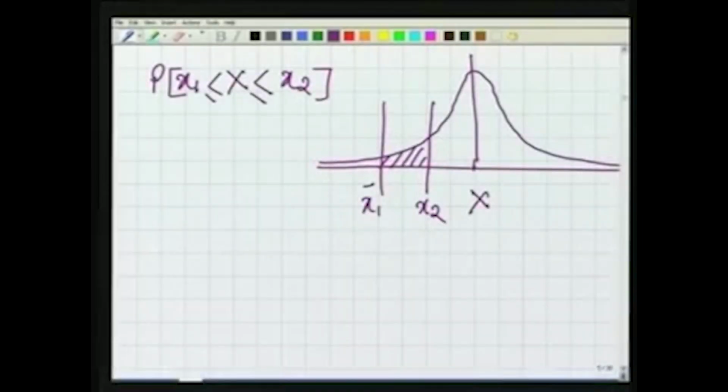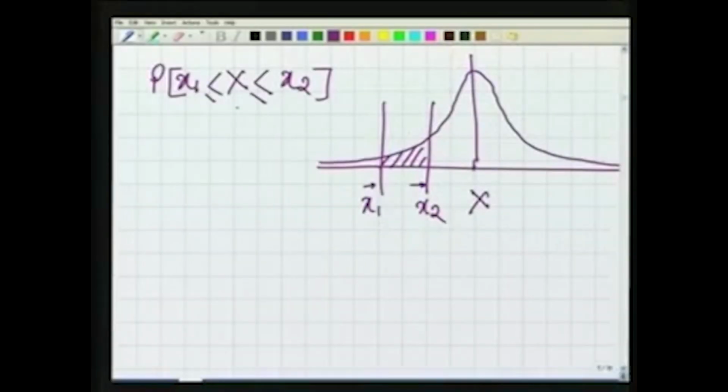So, we need to integrate our curve starting from this point to this point, and to do that we should know the characteristic of the curve. Now, we will make use of the standard normal curve in order to find this value. To do that, as we had written earlier also, Z is the normalized variable.